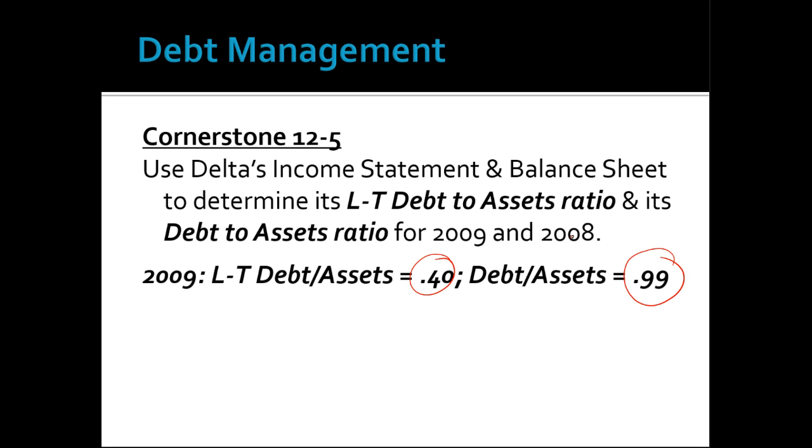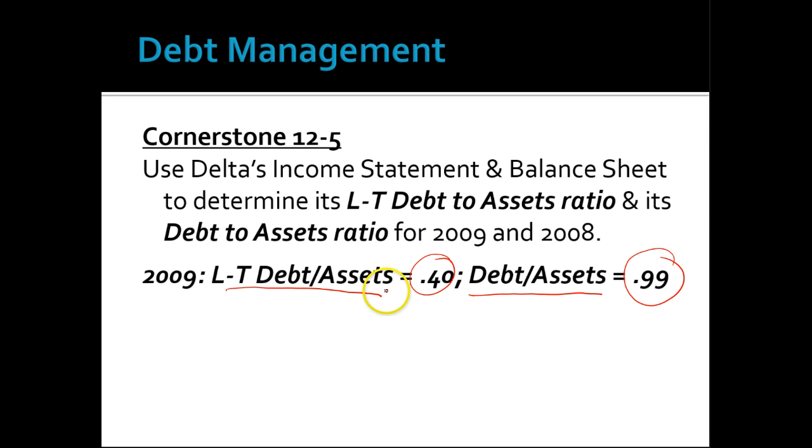I want you to do a little conversion in your head. If I say 0.4, what is that in percent? Yes, 0.40 is equal to 40%. 0.99 then is equal to what? Exactly, 99%.